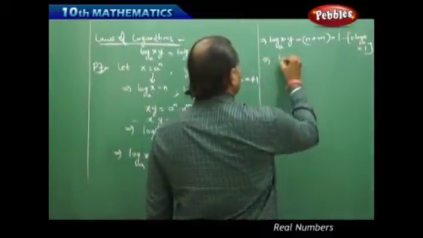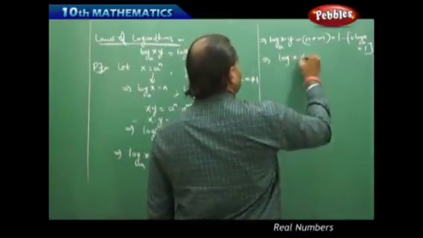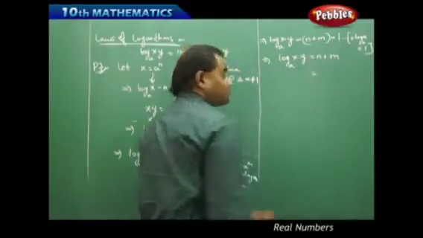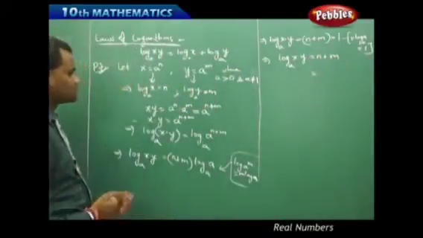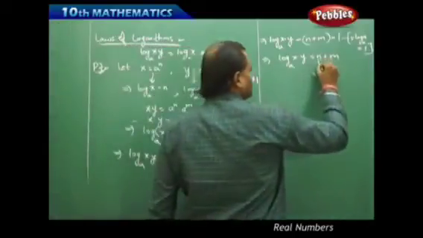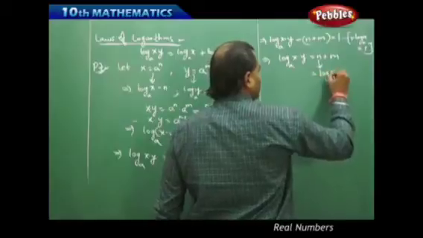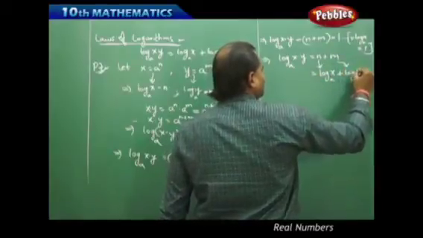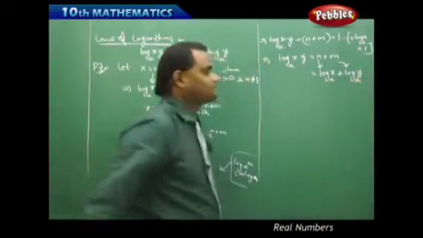So in this case, finally it reduces to log xy to the base a is n plus m, but when n and m are individually substituted out here, I find that n is log x to base a. So in place of n, I have log x to base a, and in place of m, I have log y to base a.